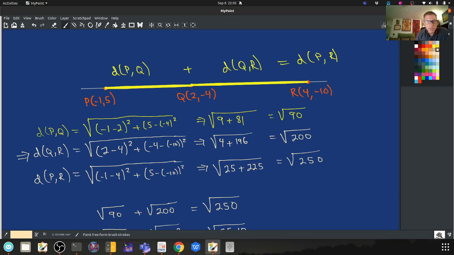So here is my Q, and here's my R. So 2 minus 4 is correct, and minus 4 minus a minus 10 is minus 4 plus 10. I took that as 4 plus 10, so this is indeed wrong. I apologize.